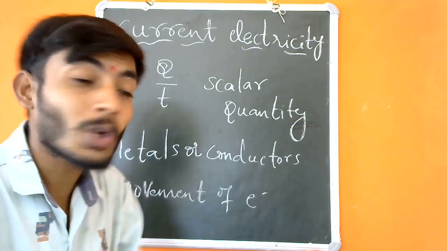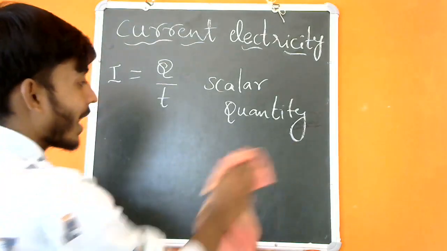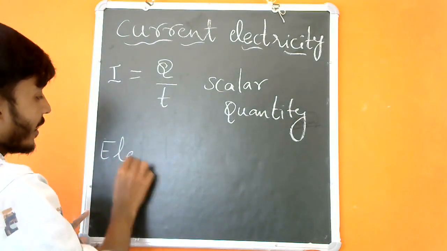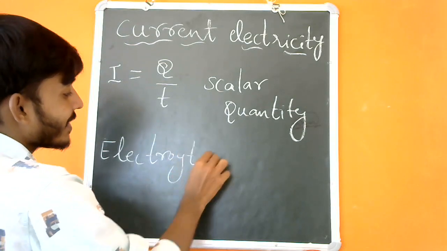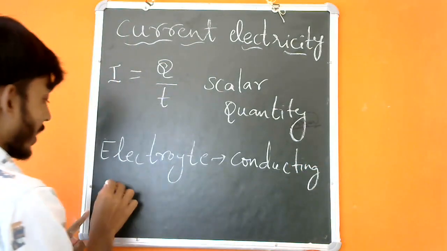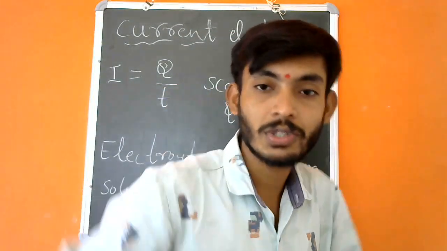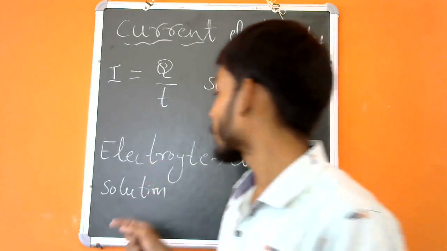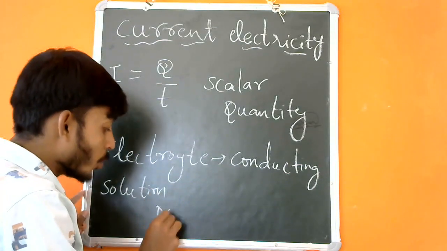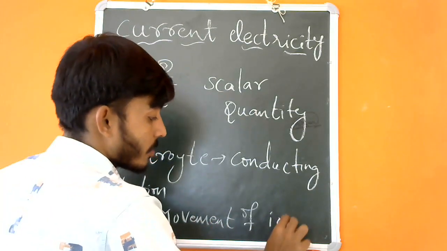But if we take the electrolytic solution, the electrolyte, in an electrolyte the current is due to the movement of ions. Keep in mind, an electrolyte is a conducting solution which allows electricity to pass through it.